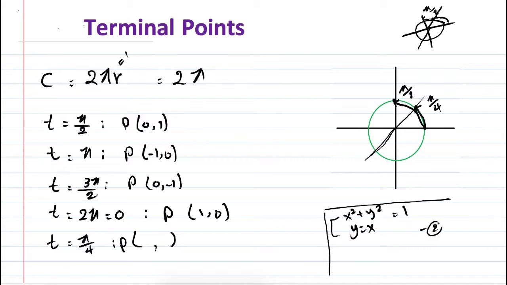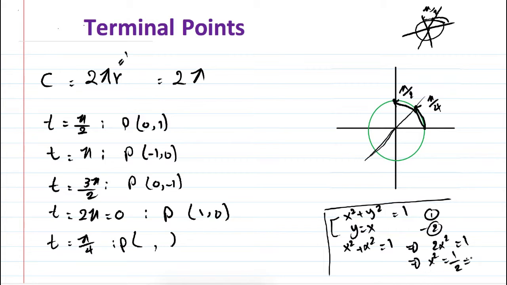This is the second equation and this is the first equation. I can put the second equation into the first. So y equals x, and instead of y squared, I can write x squared. So I will have x squared plus x squared equaling 1. From this, we have 2x squared equaling 1, and from this, we have x squared equaling 1 over 2.